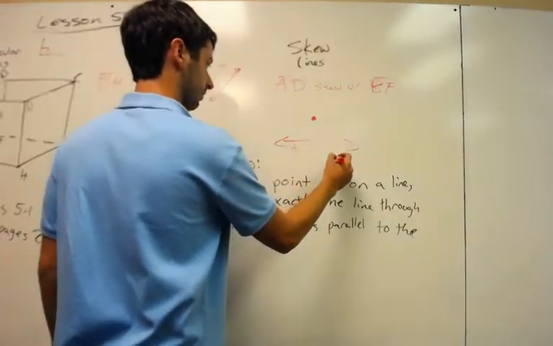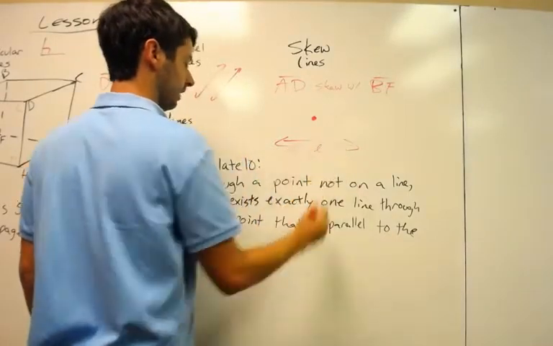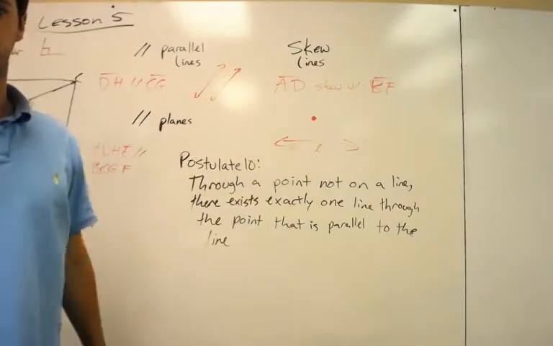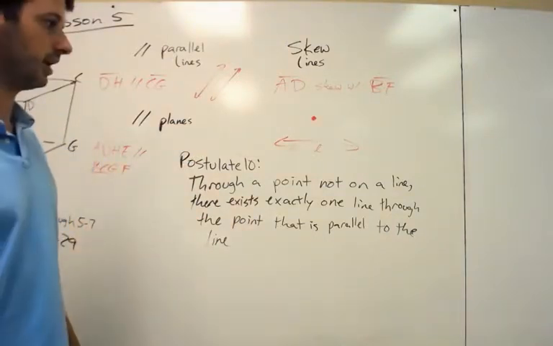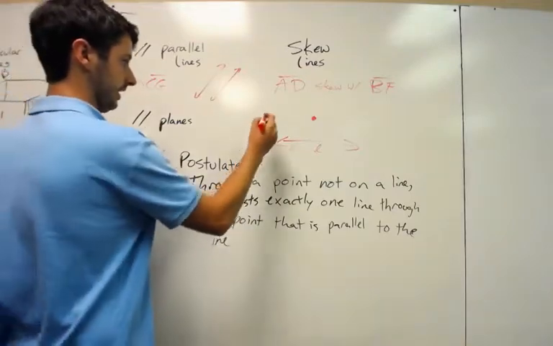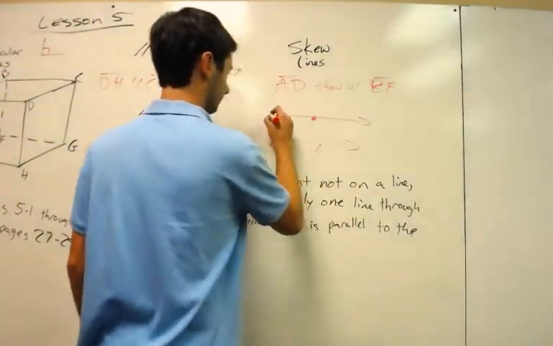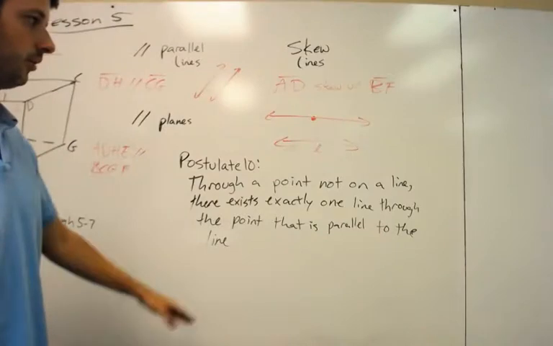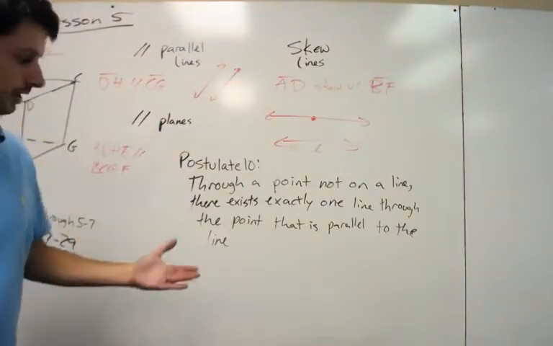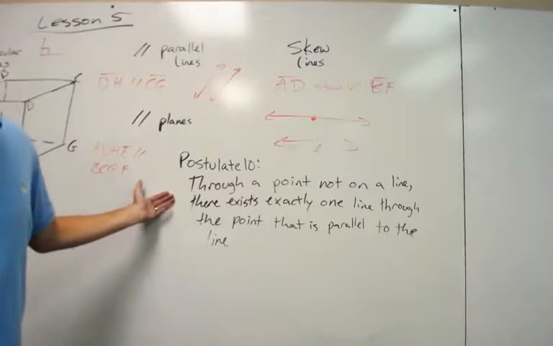So call this line L. Well, through this point, there's only one way that you can draw another parallel line. You can't draw it any other direction. It has to be right here. So through that point, only one parallel line can be drawn to line L. And that's all postulate 10 states.